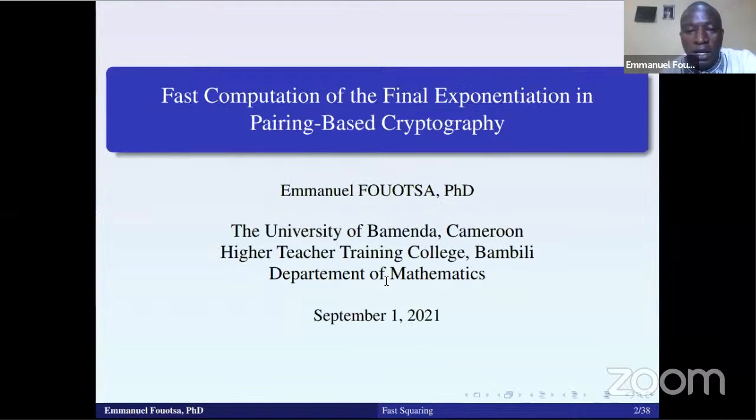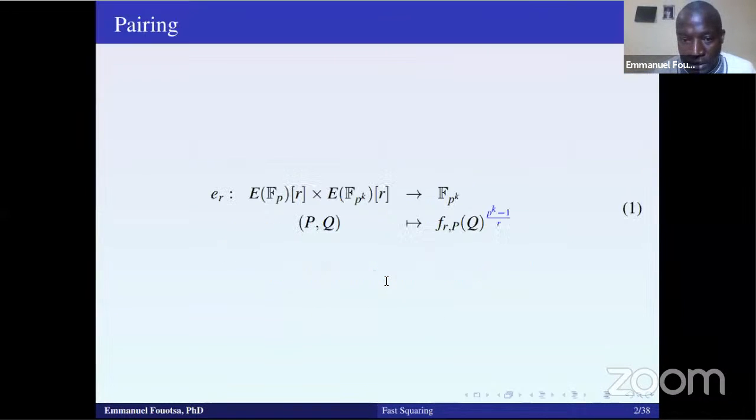So it's a basic presentation on the fast computation of the final exponentiation in pairing-based cryptography. Pairings, we pair two elements. A pairing is a bilinear map, in the context of cryptography, defined over an elliptic curve.